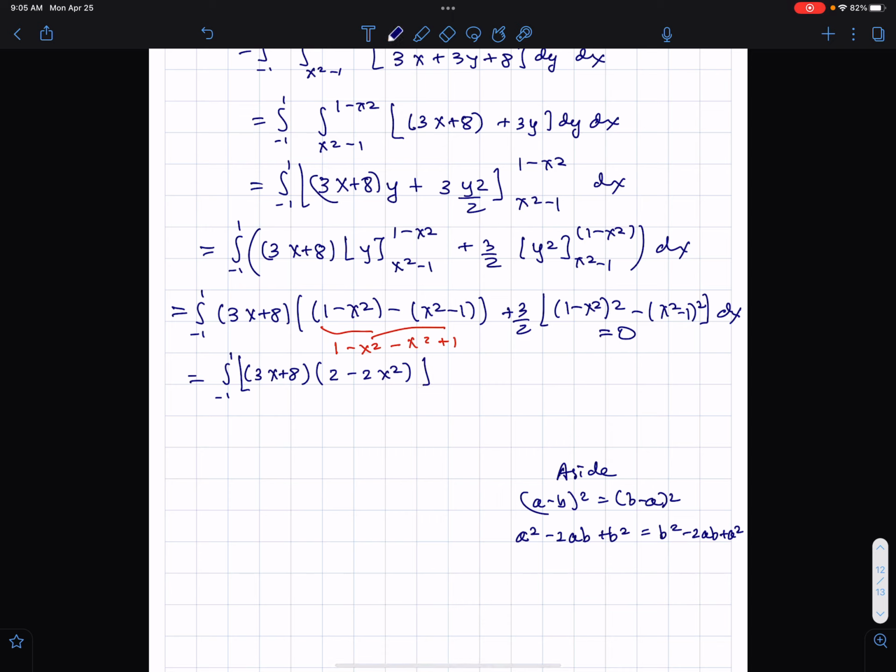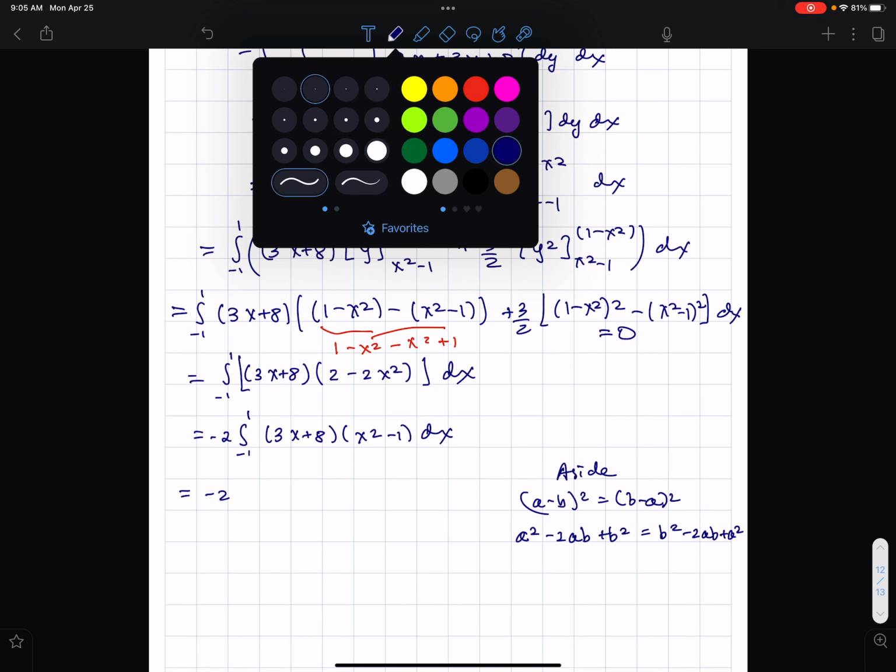You can just not do that and just keep rolling away on it, but it makes it a little easier. And so then I do need to use FOIL. Before I do FOIL, I could factor out 2 from the second factor. Actually, when I take out negative 2, I don't like doing 2 minus x squared, I want to do x squared minus 1. So I take out a negative 2 and I get x squared minus 1. It's just things like that that make it easier for me to multiply, like I'm doing this FOIL business.